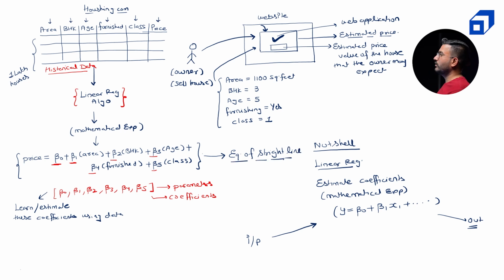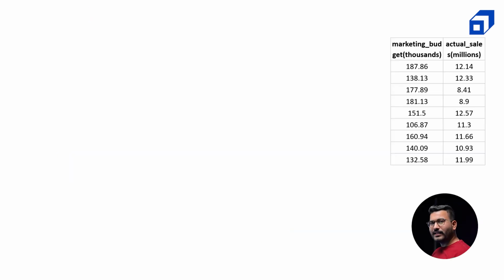So now let's understand a little bit more complicated maths behind linear regression. For understanding the maths, we will take this simple example. Now, this example that I'm going to take is also known as simple linear regression.